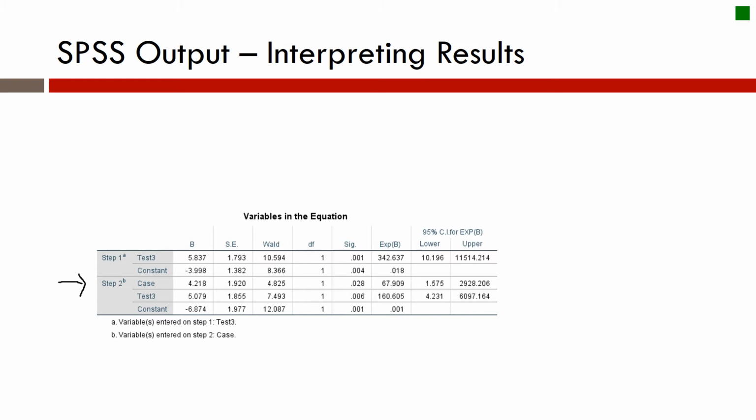If we had used the enter method, then we'd have all 6 variables here, and we'd have a coefficient for all 6 plus the constant, and a significance level for all 6. Now, there are only 2 variables here that are significant, so they're the only 2 that show up.